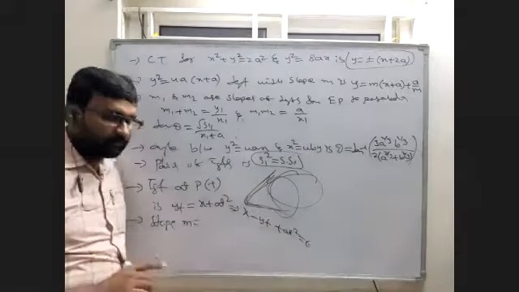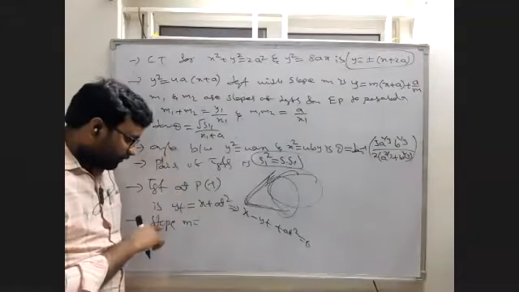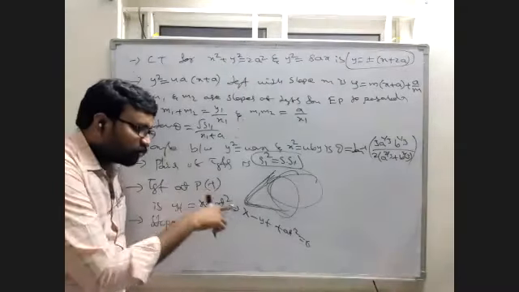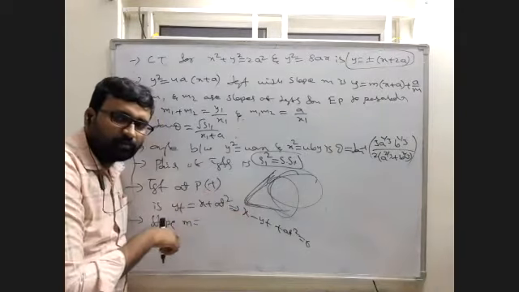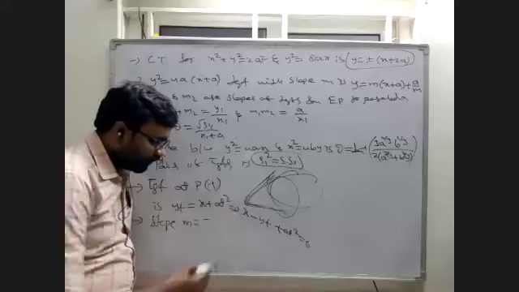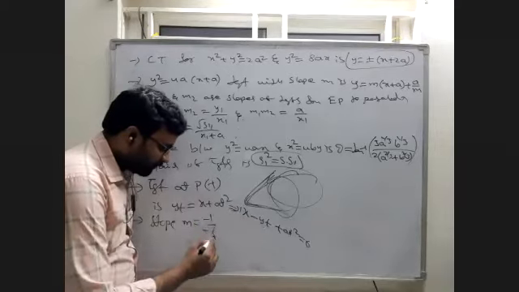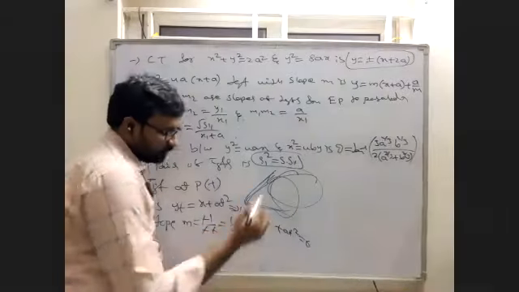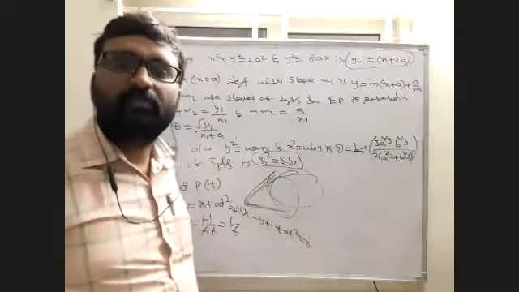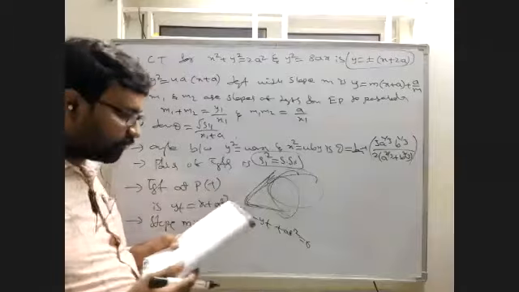This is the tangent equation at the parametric point P of t, and we are asking for the slope at the parametric point P of t, of this line, because the tangent slope is asked. So minus a by b, minus 1 by minus t, minus minus cancel, 1 by t is the slope of the tangent. And what is the slope of the normal? Taking the negative reciprocal, minus t is the slope of the normal.